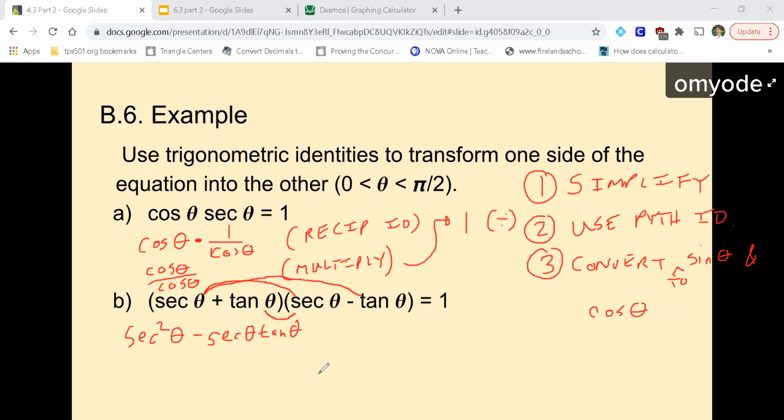Tangent times secant is positive secant tangent. Tangent times negative tangent is negative tangent squared. And that's the distributive property.